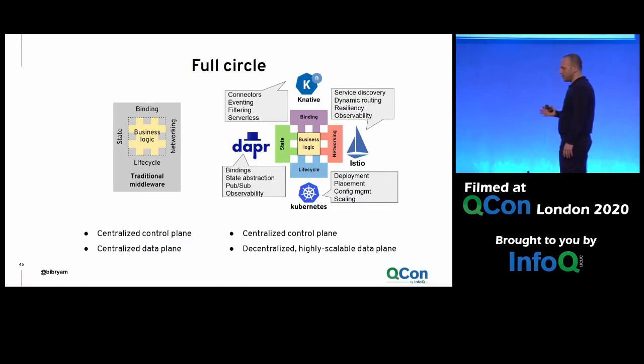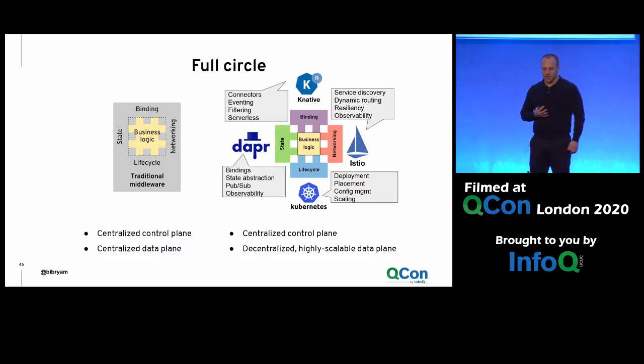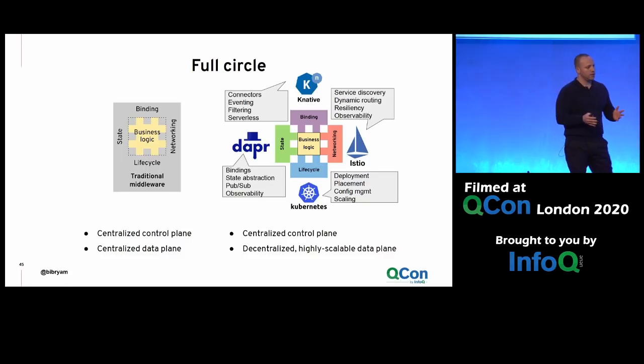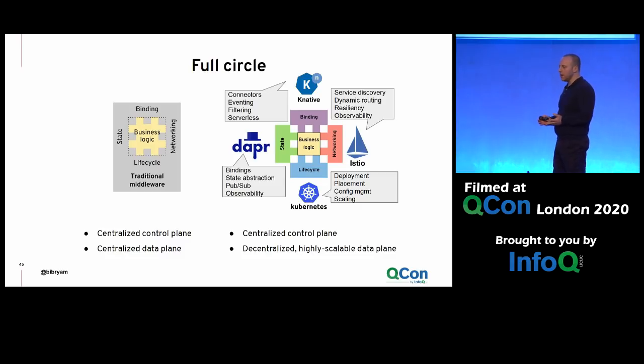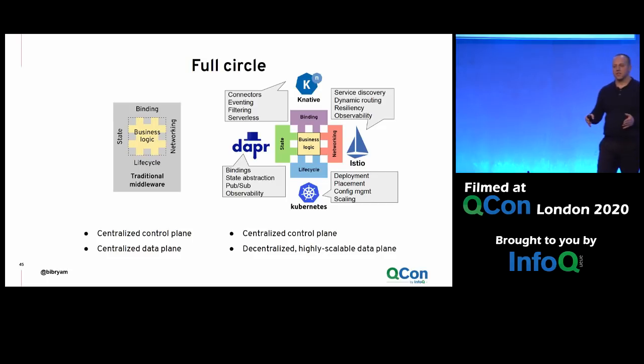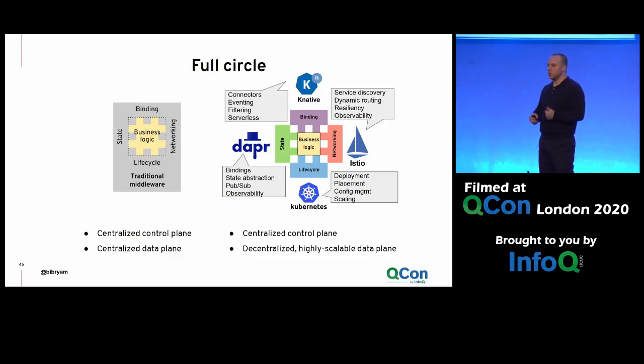If I were to sum up what these projects are giving you, we can say that ESBs were the early incarnation of distributed systems, where we had a centralized control plane and a centralized data plane, so it didn't scale really well. With cloud native, there is still a centralized control plane, but the data plane is decentralized, highly scalable with good isolation. So we always would need Kubernetes to do good lifecycle management.